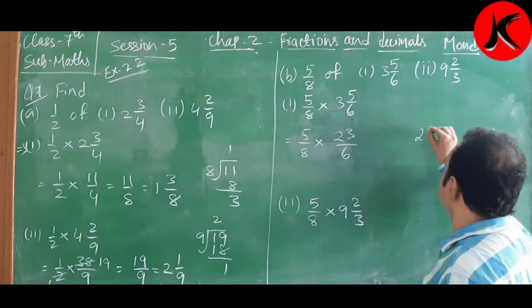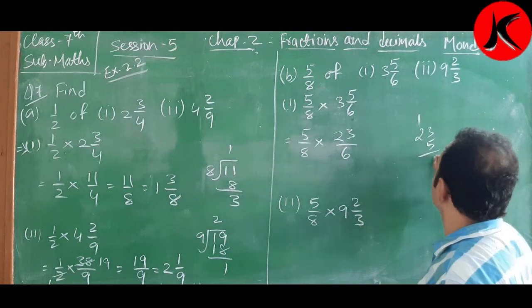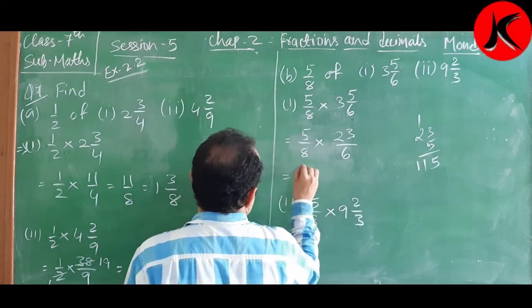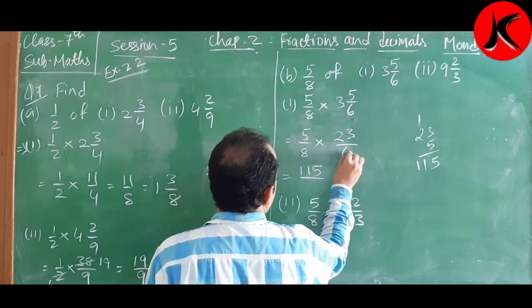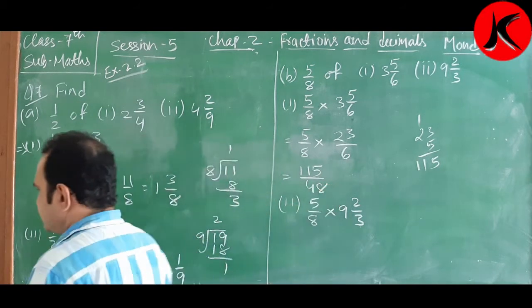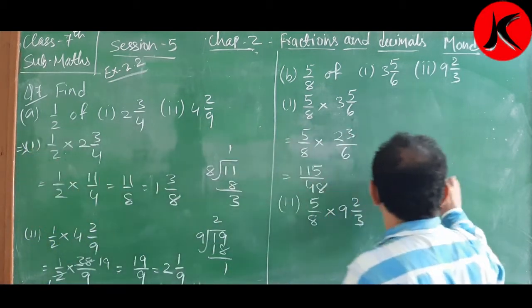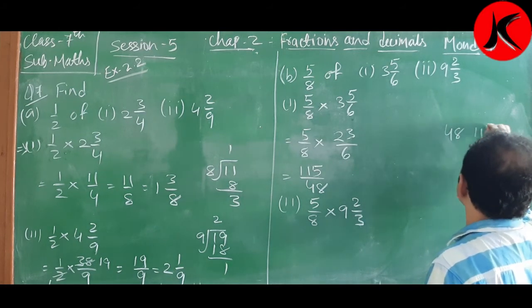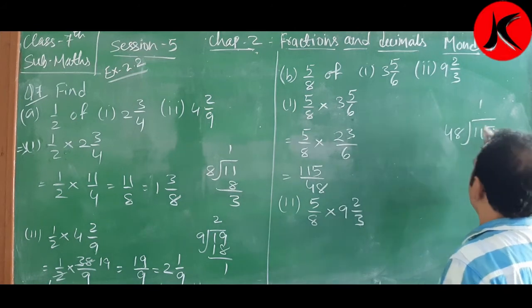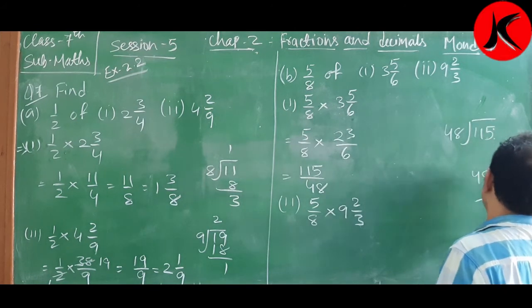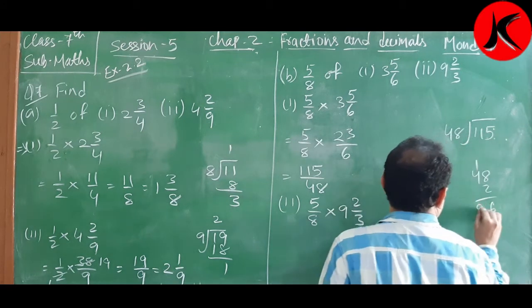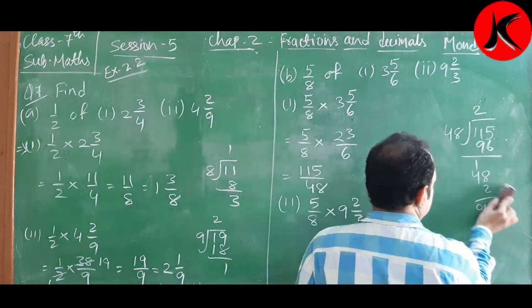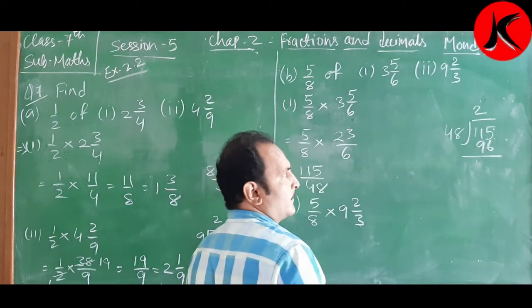What is 23 5s? 5 3s are 15, 5 2s are 10 plus 1, 115 upon 48. Divide 115 by 48. 48 1s are 48, 48 2s are 96. So 96 is nearby 115.